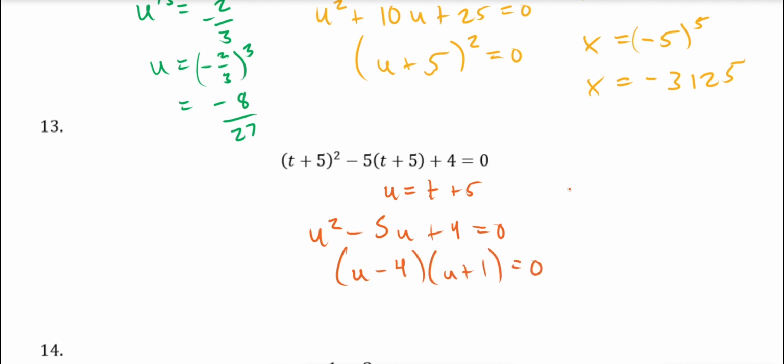This gives me u being equal to 4 or u being equal to minus 1 as roots. And reversing our substitution, we have t plus 5 equals 4 and t plus 5 equals minus 1. Minusing 5, we wind up with t is equal to minus 1, or t is equal to minus 6, respectively.